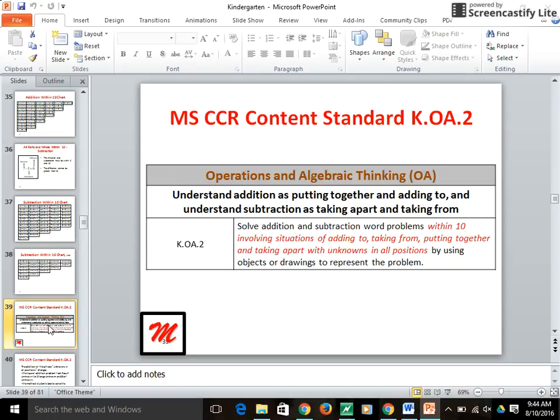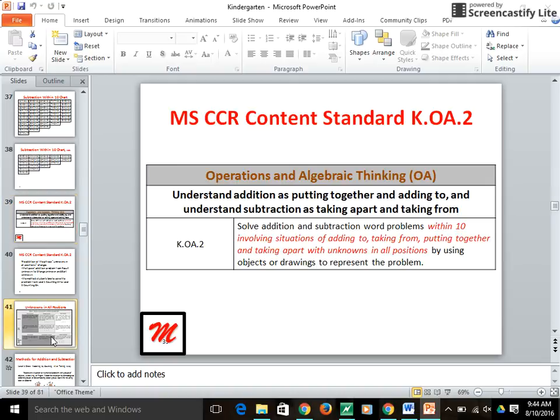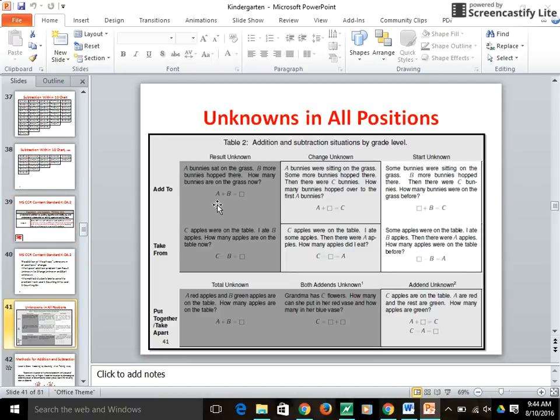KOA2, solve addition and subtraction, and this is where the extension is. Within 10 involving situations of adding to, taking from, putting together, taking apart with unknowns in all positions. And so what this is referring to is previously we just had our unknown right here, but now we're moving it to any position.